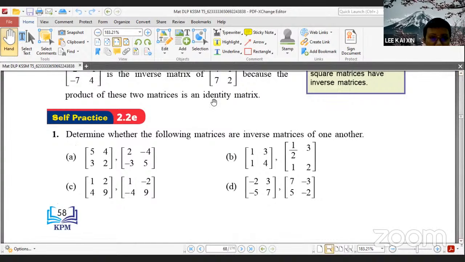Okay, they ask you to determine whether the following matrices are the inverse matrices of one another. Okay, we just use both of these times. We do A and D. Just imagine we times it. Okay, see what we get. 5, 4, 3, 2.